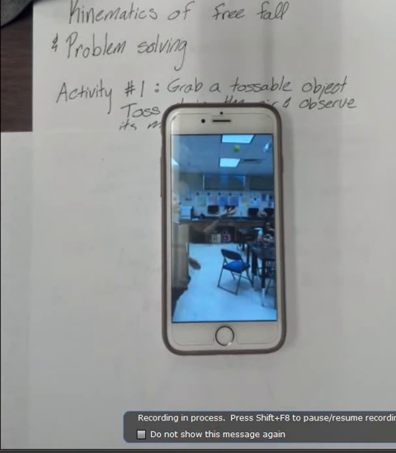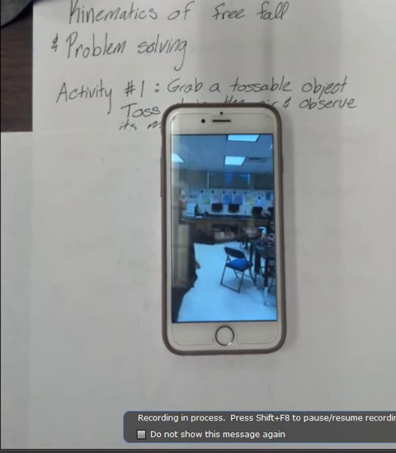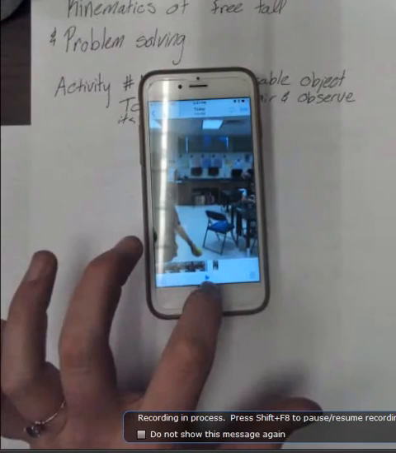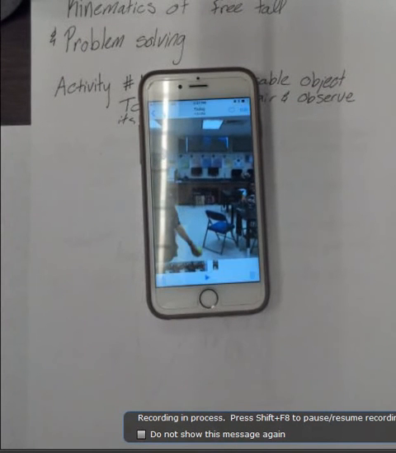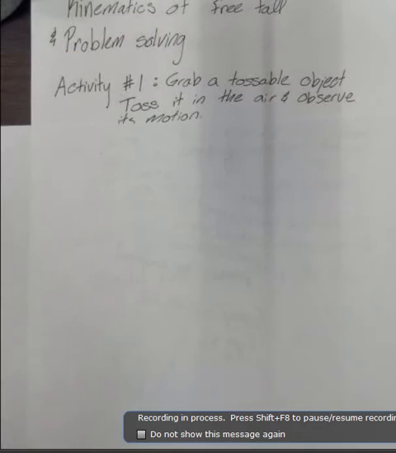So she's just throwing it up into the air and catching it. And that's our wonderful student teacher working with Ms. Motor over there.